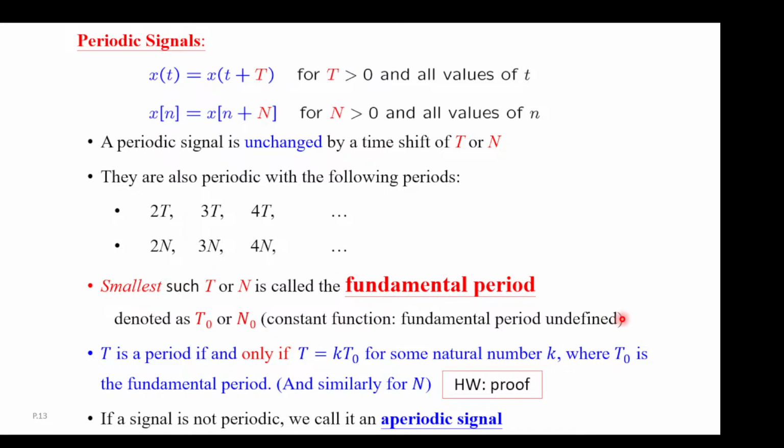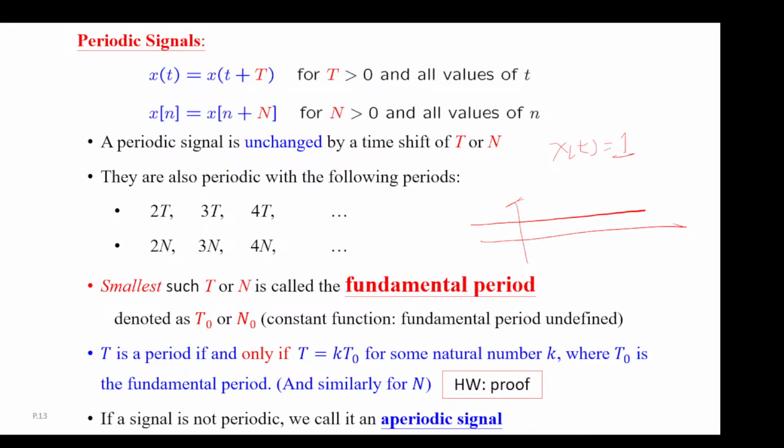And there is a special case: there are functions that are periodic, but the fundamental period is undefined. Those are the constant functions. I guess that's more than one function, and we are talking about signals, so I should say constant signals. But anyway, it's a bit funny, because say your function is x of t equal to 1.